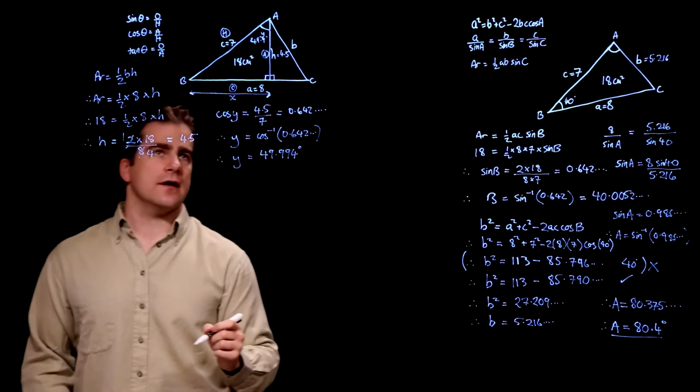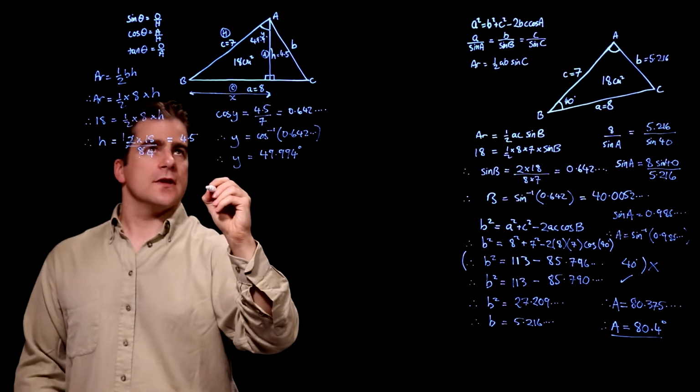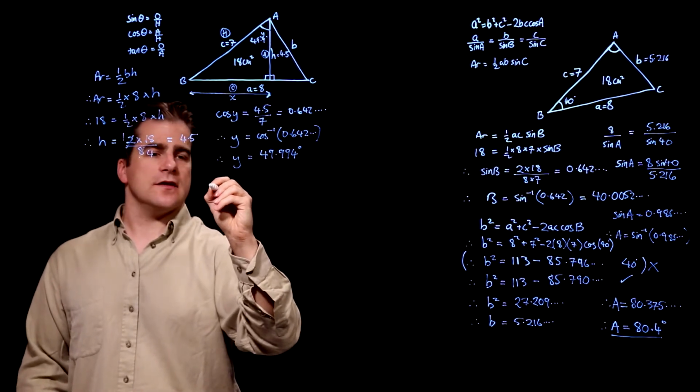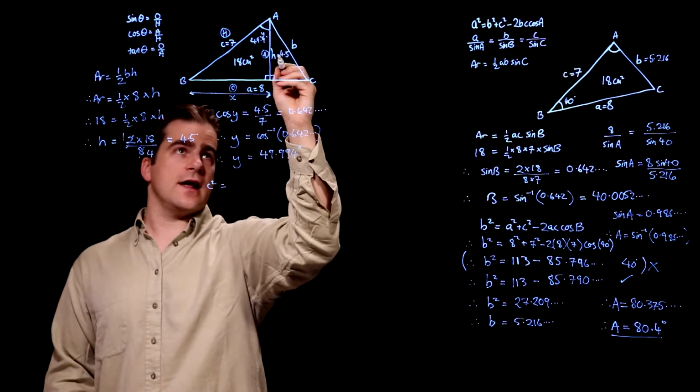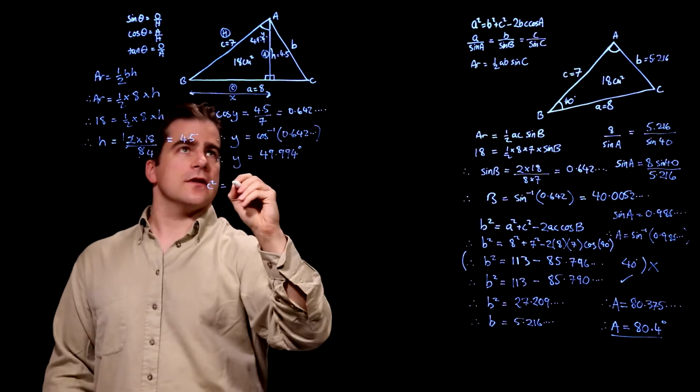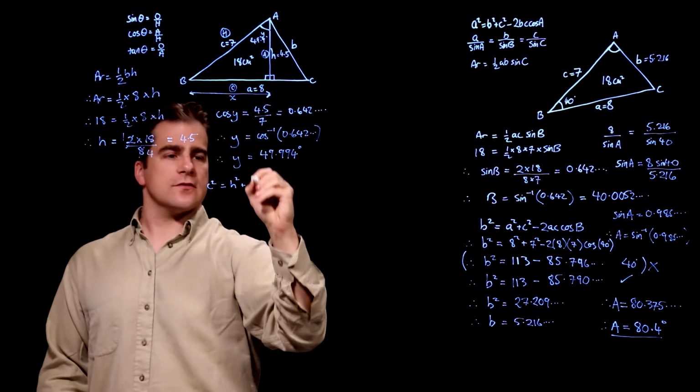So Pythag, the big one, hypotenuse squared, which is c squared in this case, is equal to the other two squared and added. So in this case that's h squared plus x squared.